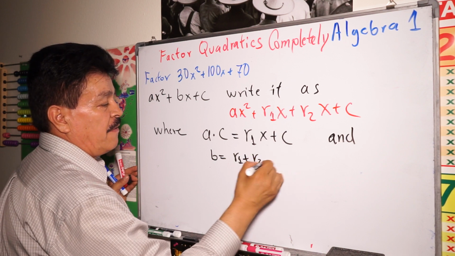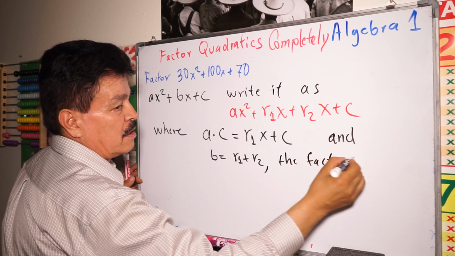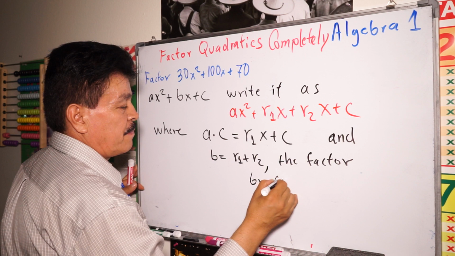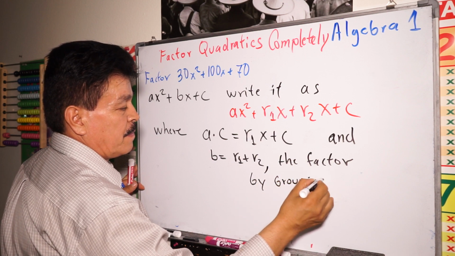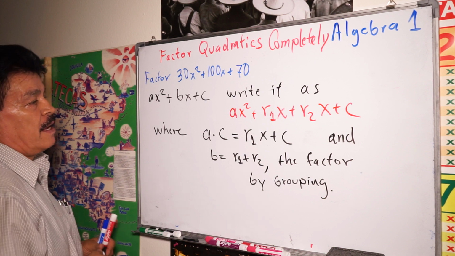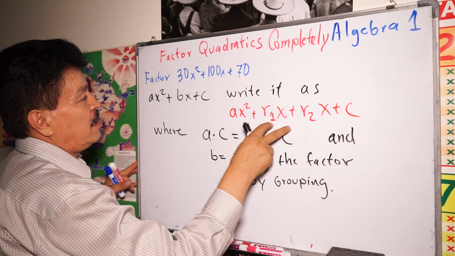So the factoring here is factoring by grouping. It is very important to review this formula. It's very simple.